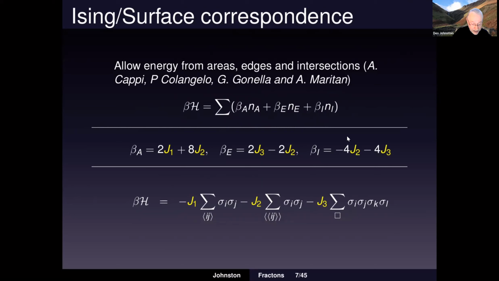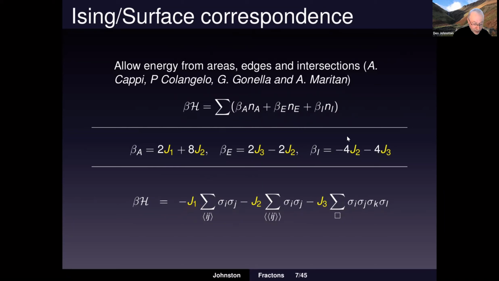So it's sufficient to have nearest neighbor, next to nearest neighbor, and plaquette interactions to weight not just the area, which is what you get only for nearest neighbor interactions for spin cluster boundaries, but also edges, right-angled bends in your spin cluster boundaries on the cubic lattice, and intersections of four plaquettes in those spin cluster boundaries.